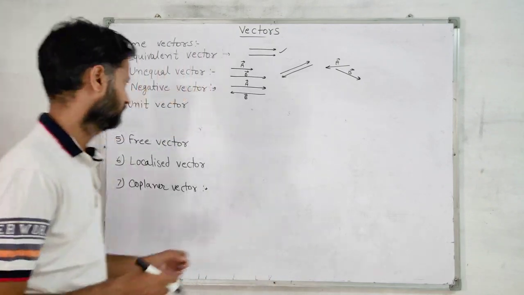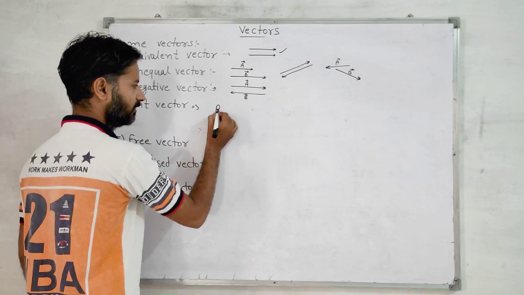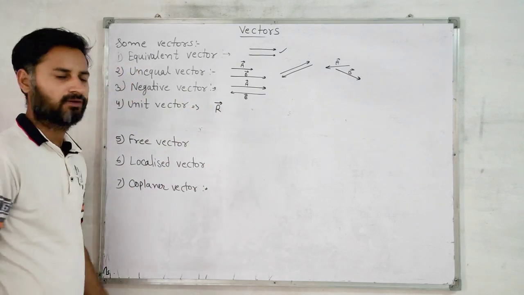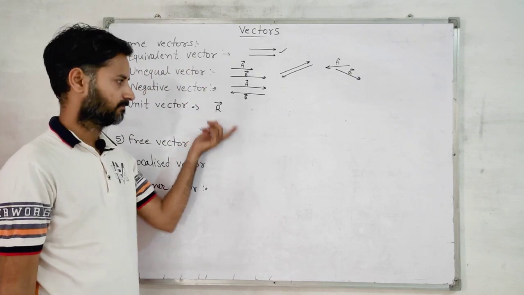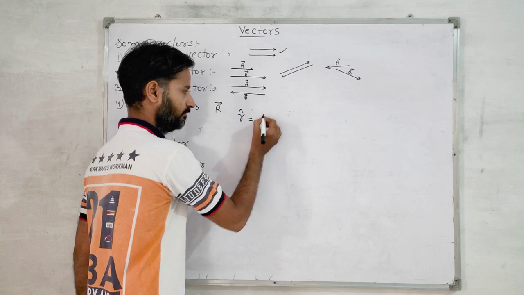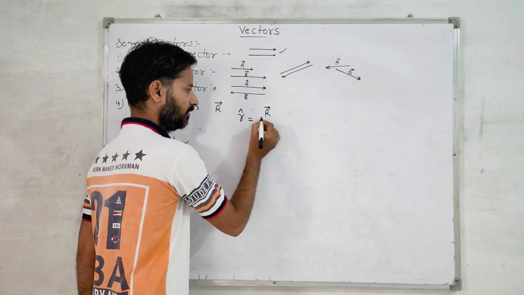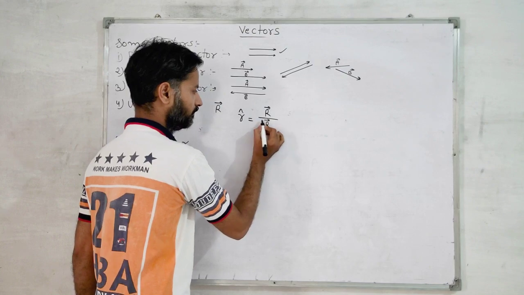Unit vectors are those vectors which have the magnitude of unit and direction is along the given vector. Let we have a vector r vector and we want to find the unit vector of this vector, then unit vector can be found as r cap equals vector r divided by magnitude of vector.